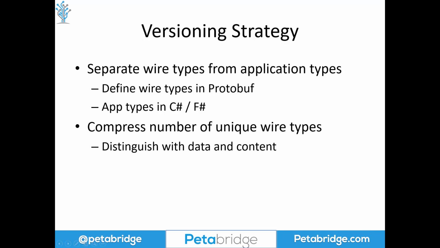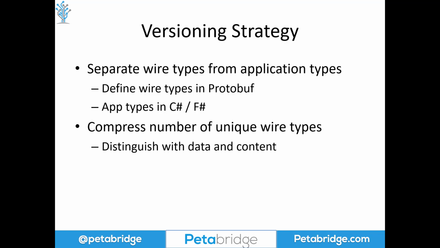You don't really have to worry about type safety here because there's a single layer of your application that's going to be responsible for translating that data into meaningful application types. Type safety is much more important to reason about inside your user code than it is in the way you're representing data over the network or inside your database. So that's why I insist on trying to compress the number of unique wire types you need.